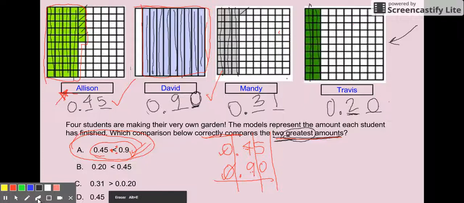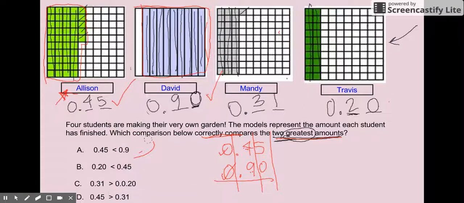But notice this, my friends. Here's something they might try to do to trick you. If you're not careful on the test, do you see how they only gave it a 9? And you know what some kids are going to think? 45 is bigger than 9. It's way bigger. That can't be right. They wrote the sign wrong. The sign should be turned this direction with both of the dots this way.